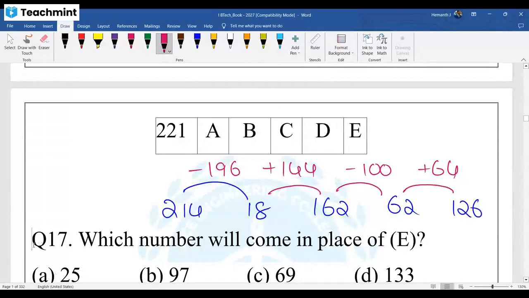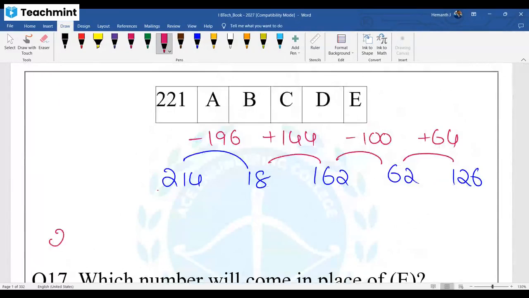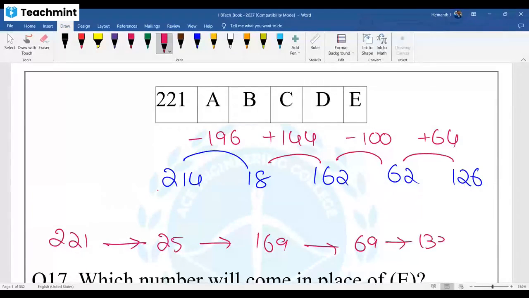Now apply that logic here. 221, then you will get 25, then you will get 169, then you will get 69, then you will get 133, then you will get 97. Your answer is 97. This is the A place, B place, C place, D place, E place.